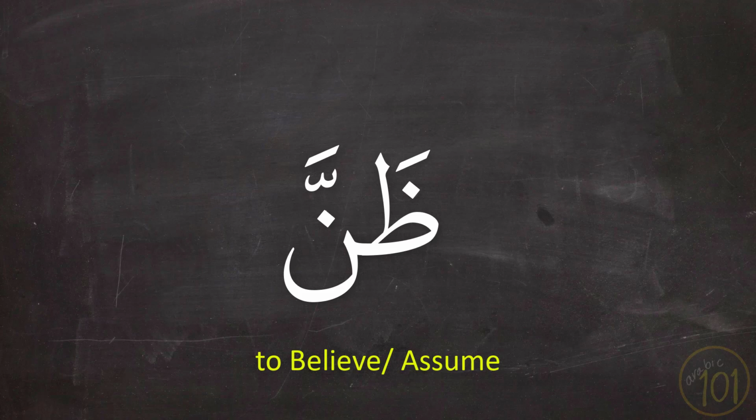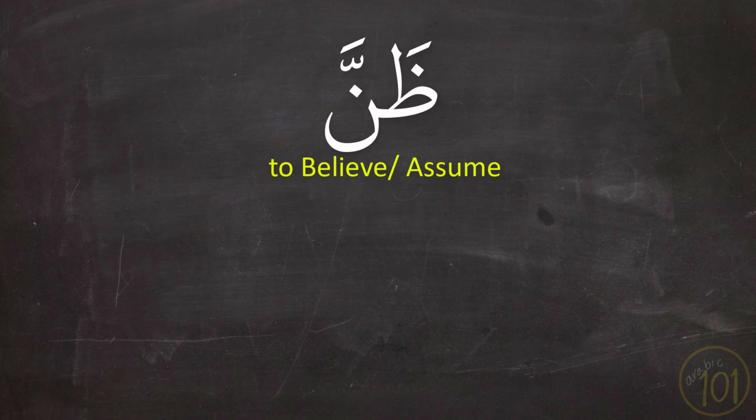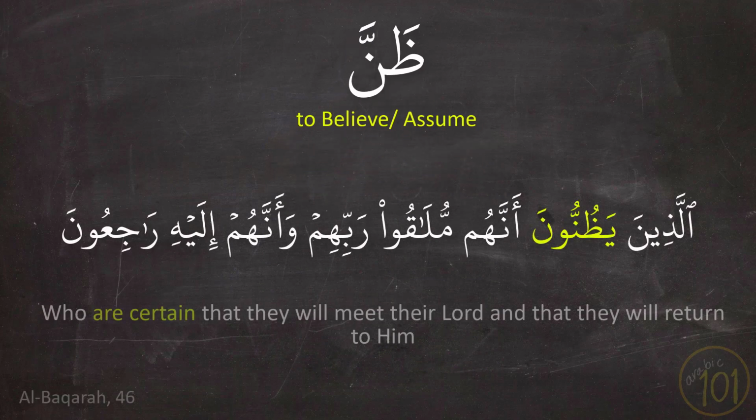And we see it used with both of these meanings in these 2 examples. الَّذِينَ يَظُنُّونَ أَنَّهُمْ مُلَاقُو رَبِّهِمْ وَأَنَّهُمْ إِلَيْهِ راجعون.